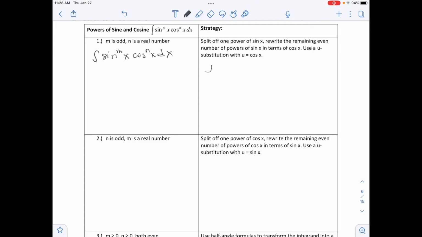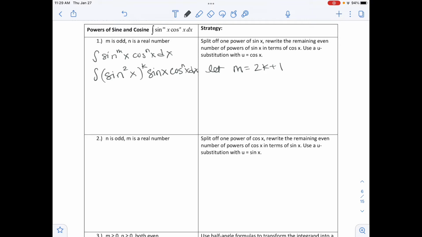So we're going to say let m equal 2k plus 1 since m is odd. And so this is going to be the same thing as the integral of sine squared of x to the kth power times sine of x, and then the cosine we would leave the same, cosine n of x dx. And so this way that we rewrote this in terms of sines is going to be sine 2k plus 1 if you were to use your exponential rules.